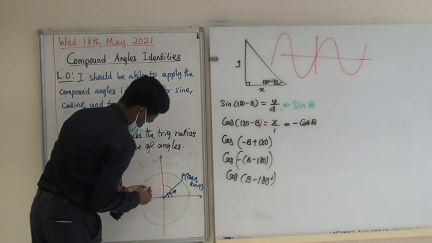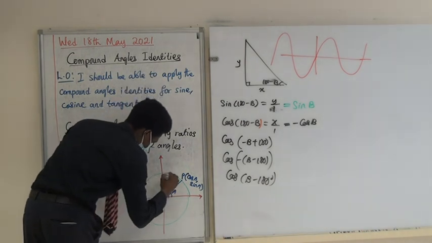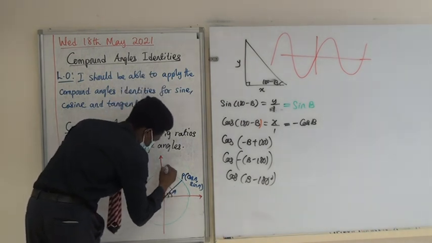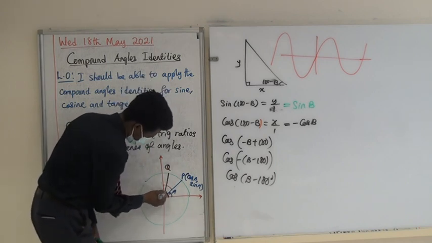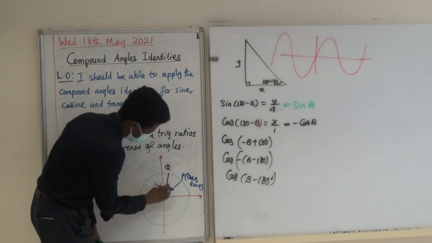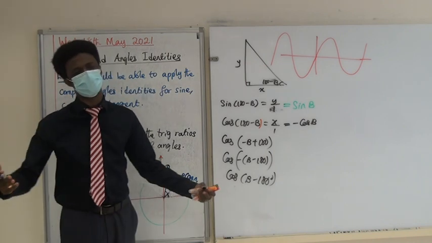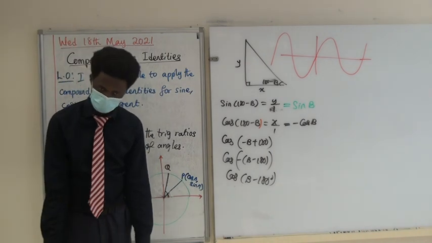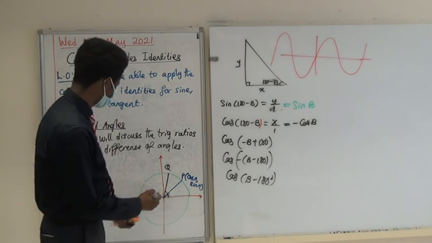Let us restrict B to here, such that this is your B. It's greater than A, that's the point. This would apply as long as B is greater than A, because we want to find the difference. You can't find the difference unless one is greater than the other.